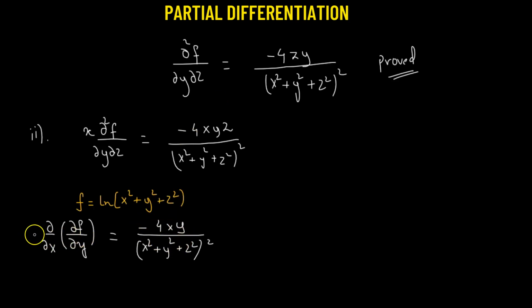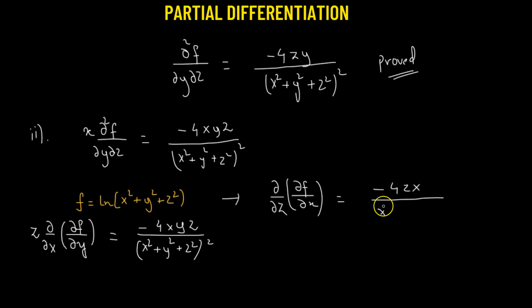And we'll multiply both sides. After we obtain this, we are going to multiply both sides of the equation with z. So that means we'll have negative 4xyz. Similarly, we'll consider the function f and take the partial derivative of f with respect to x first, and then we will take its derivative with respect to z, and this is going to give us negative 4zx divided by x squared plus y squared plus z squared whole squared.